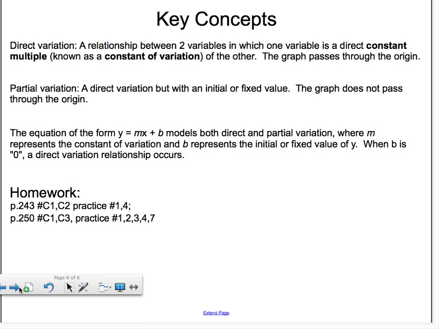Here the graph passes through the origin. In other words, one variable is just a multiple of the other. An example was the computer program that was just 2x, 2 times the input. The other example was Dean working at Tim Hortons. That was just a straight direct variation.